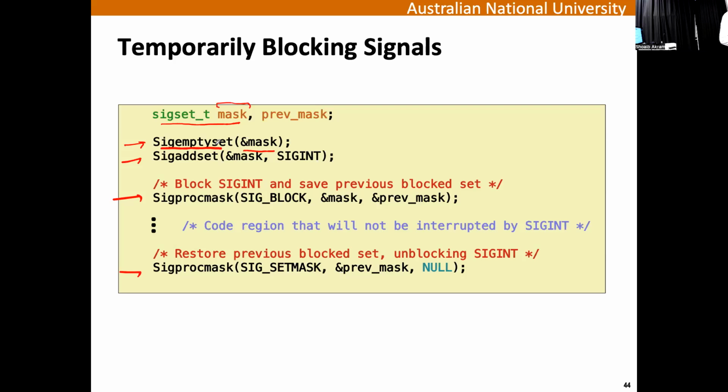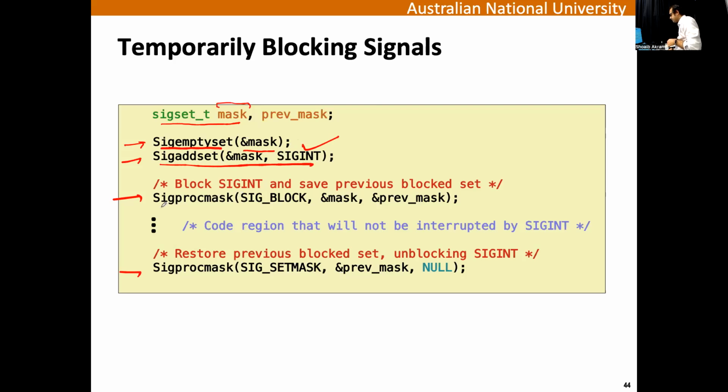So no signal will be blocked if this is the mask. You can add a signal to the mask. If you're going to block a signal, you first add it to the mask by doing this: sigaddset, the address of the mask and the signal that you want to mask or block.